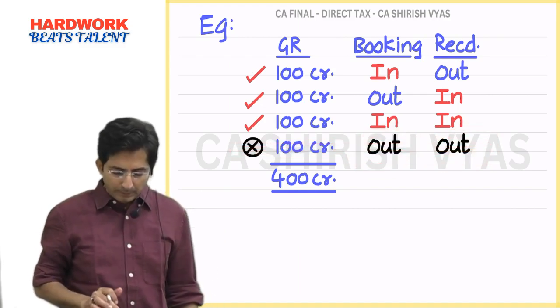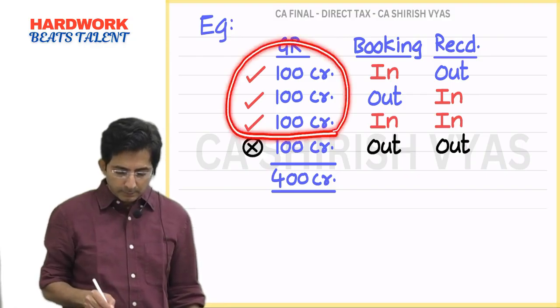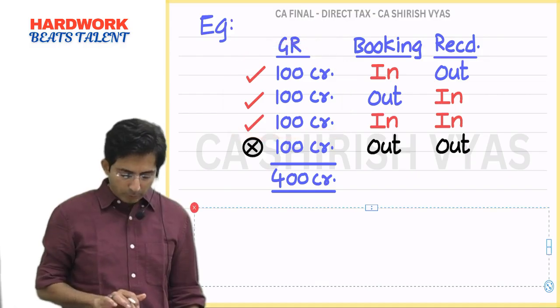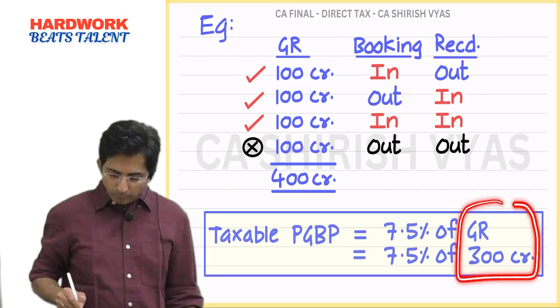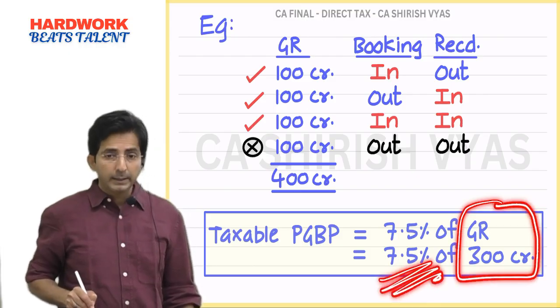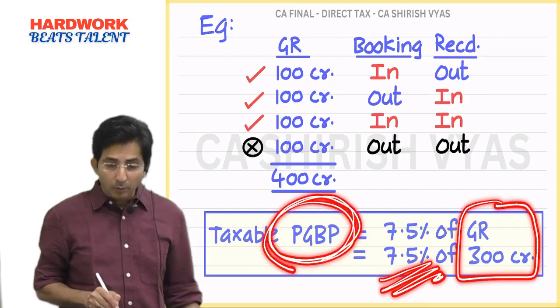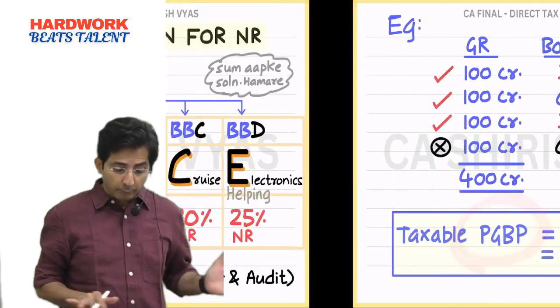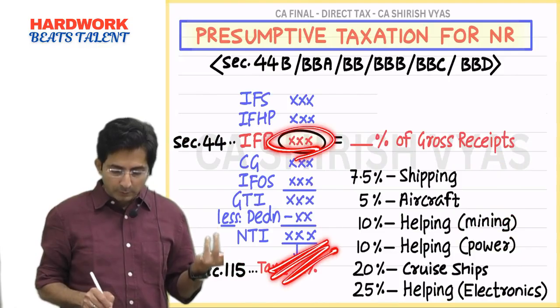So tell me finally, how much is Indian gross receipts? 300 CR. So your PGBP will be 7.5% of 300 crores. This will be my PGBP. Where will this amount go? This will go in 5 heads of income. And what will be the tax on this?